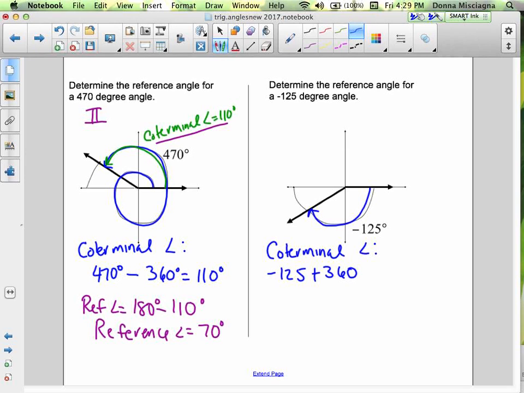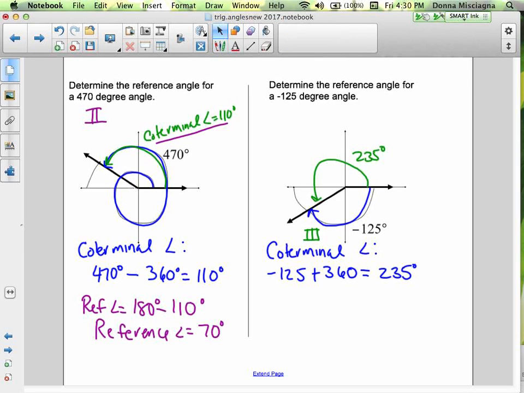So that's going to give us 235 degrees, right? Okay, so the negative way is negative 125. The positive way is 235 degrees. We're in the third quadrant.